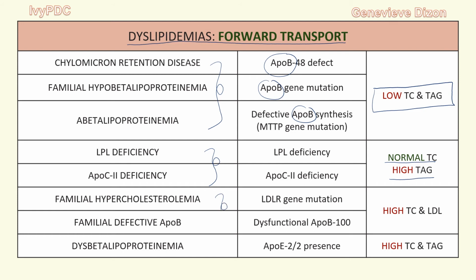Familial hypercholesterolemia and familial defective Apo B would have an increase in both total cholesterol and LDL, while in dysbetalipoproteinemia there is also a high total cholesterol and triglyceride level affecting the rare ApoE lipoprotein.